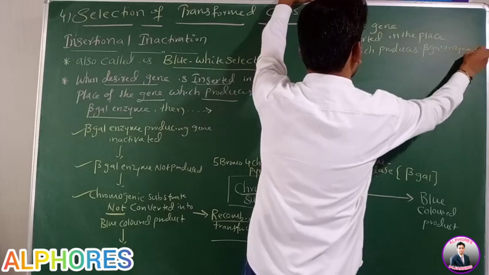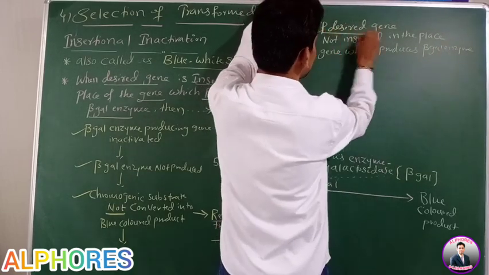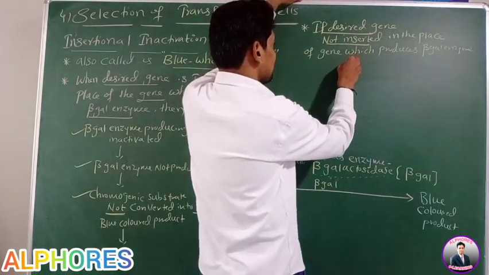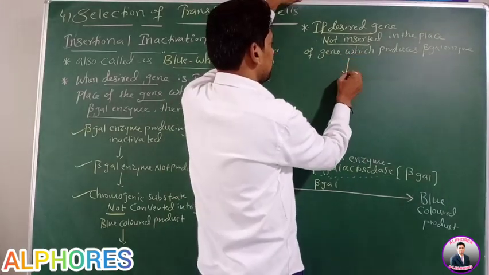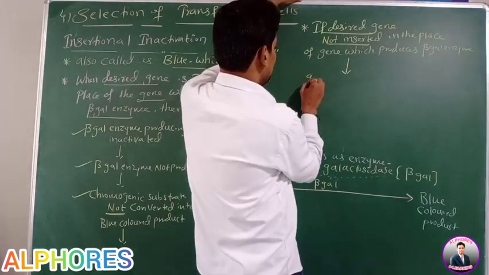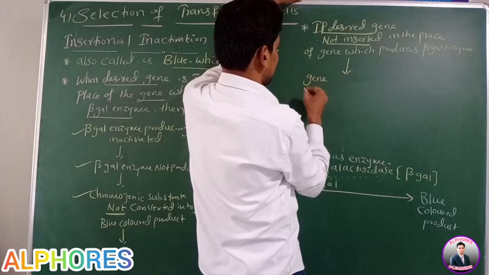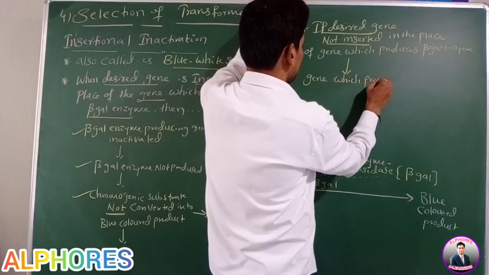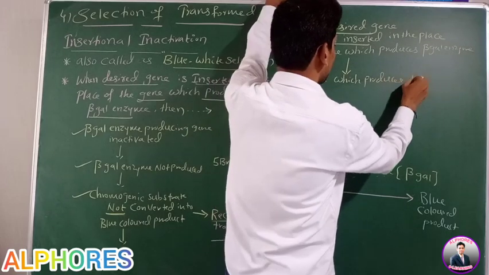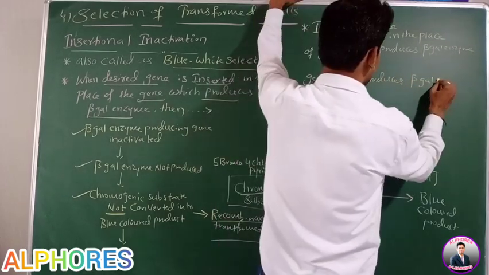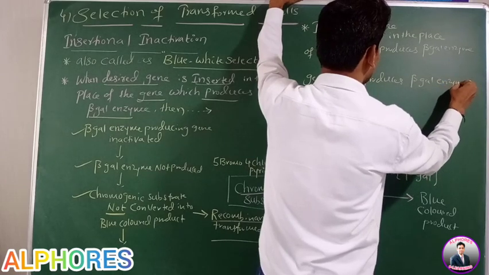Now you tell me, sir, here gene is inserted, not inserted, not inserted. If gene is not inserted in the place of the gene which produces beta galactosidase enzyme, then the gene which produces beta galactosidase enzyme, active or inactive?